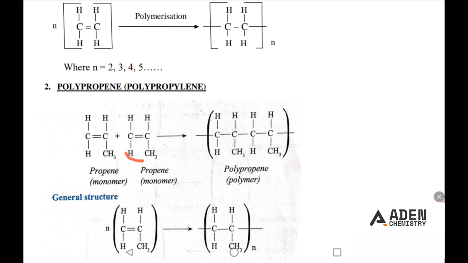But with another propene monomer, through addition polymerization, what we are going to get will be the polypropene polymer. How are we going to have this polymer? Now what we are supposed to know is that the double bonds in these 2 propene are going to break up and we are going to have single bonds. So the way we see here, we're having 2 carbon, here 2 carbon. In total, we're going to have 4 carbon on this side.